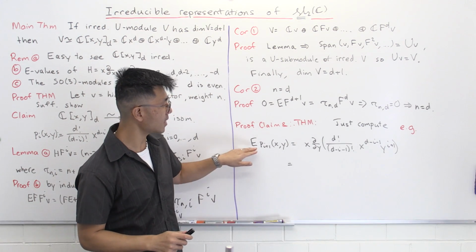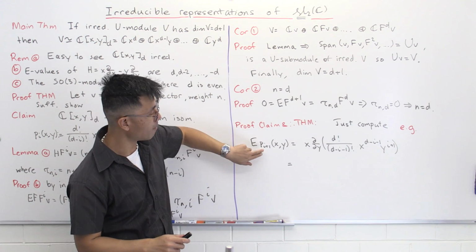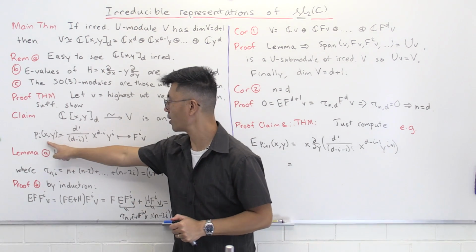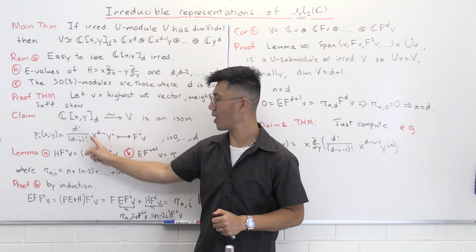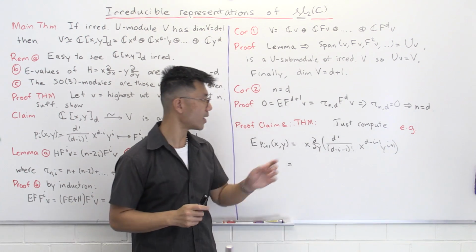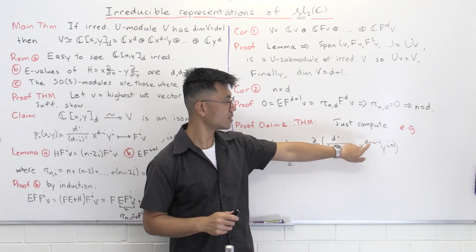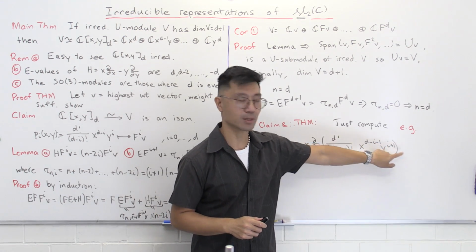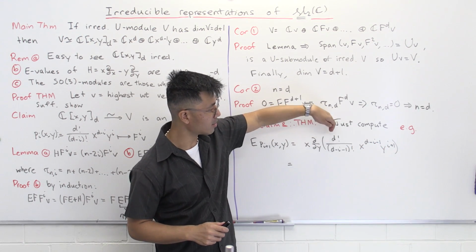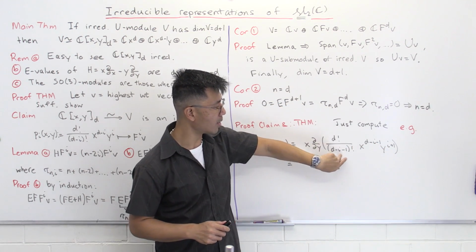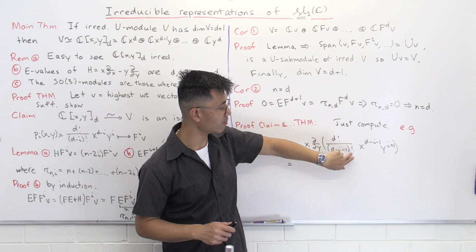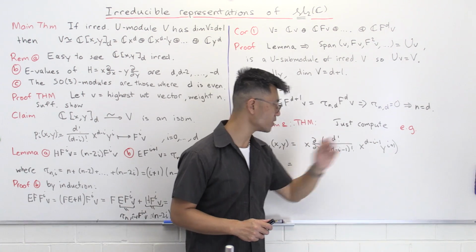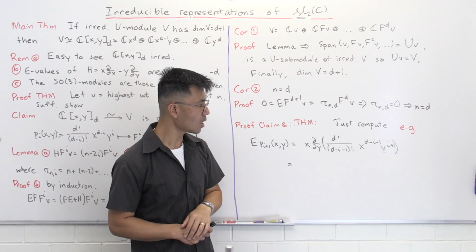So we're going to look at how E acts on the left-hand side, pi plus 1 xy. So we're going to look at a scalar multiple of x to the D minus, and the I was I plus 1, so it's minus I minus 1, times y to the I plus 1. And the scaling factor out here is D factorial on D minus the I plus 1, so it's D minus I minus 1 factorial. And E is x d dy. So we're going to do this derivative like that. So what happens?